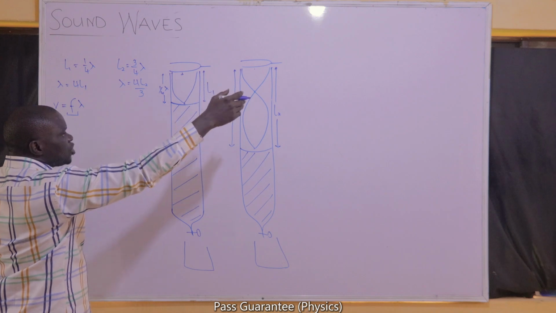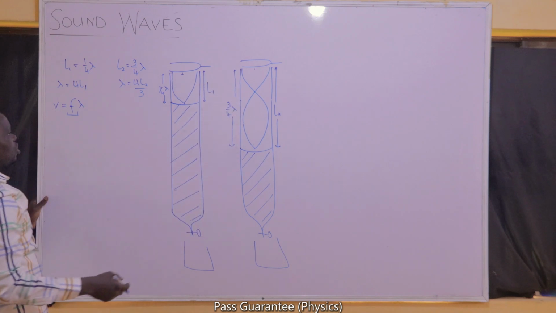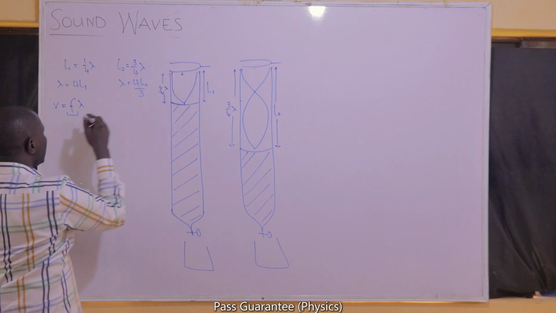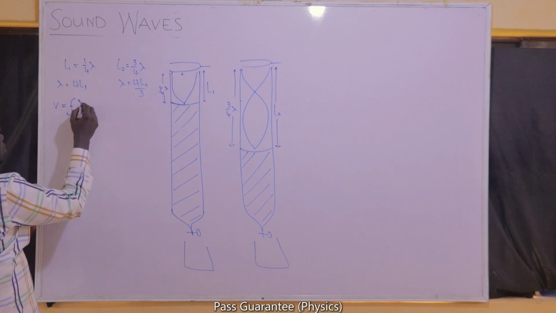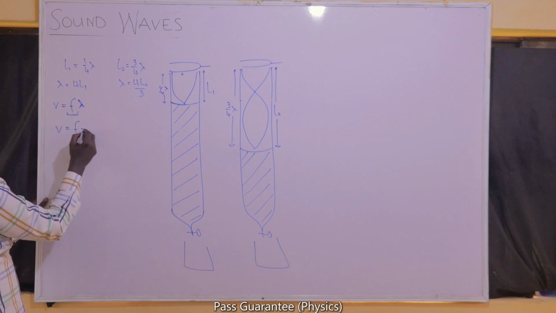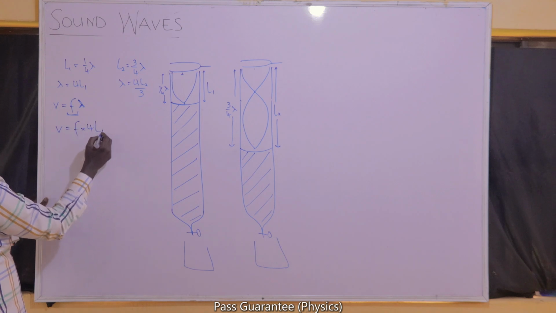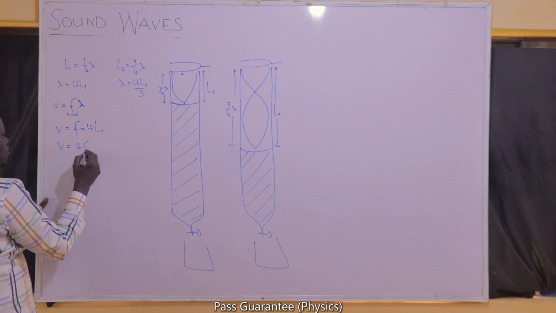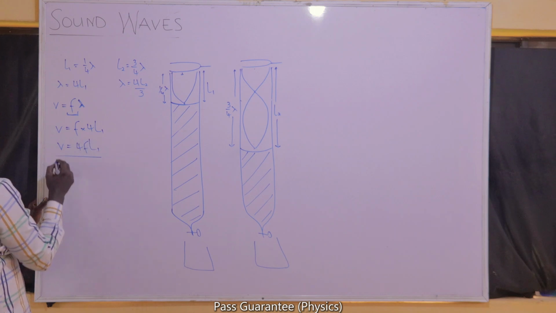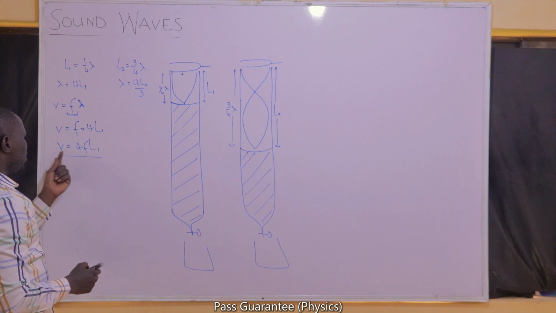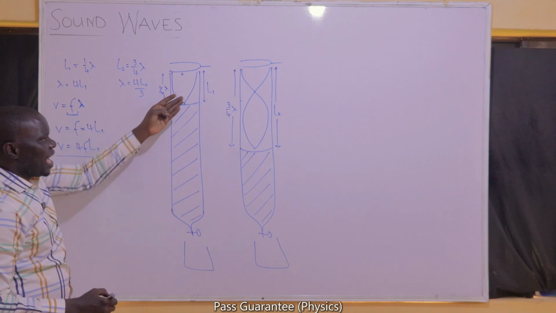Our frequency for resonance tube is not changing, because there's only one frequency that the system is responding to. So if I know the frequency of the tuning fork and I know the wavelength, I can just find the velocity as f multiplied by 4L1. And that becomes the velocity, which is equal to 4fL1, if L1 is the first resonance position. So resonance tube can also be used to find the velocity of sound in air.